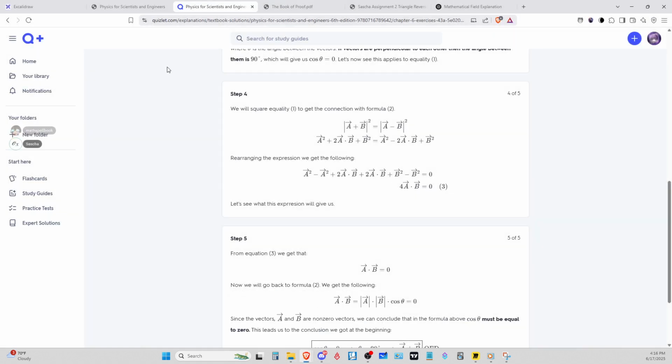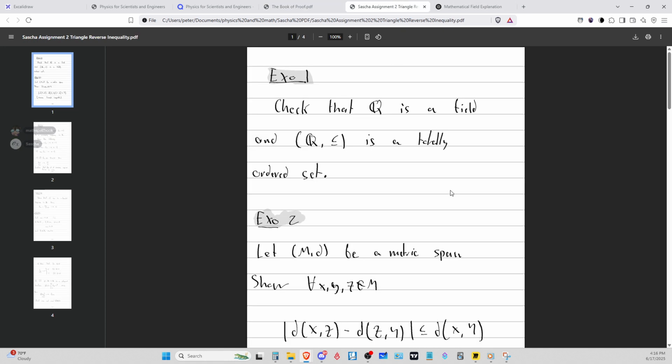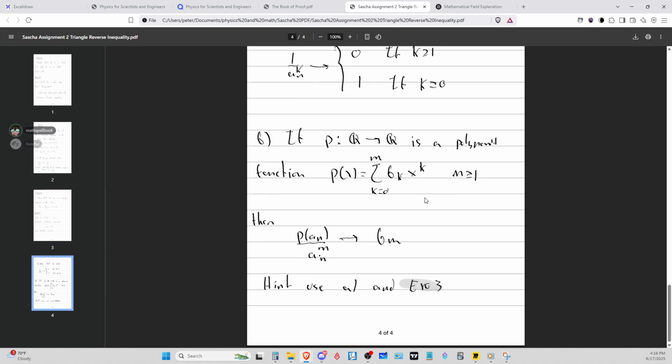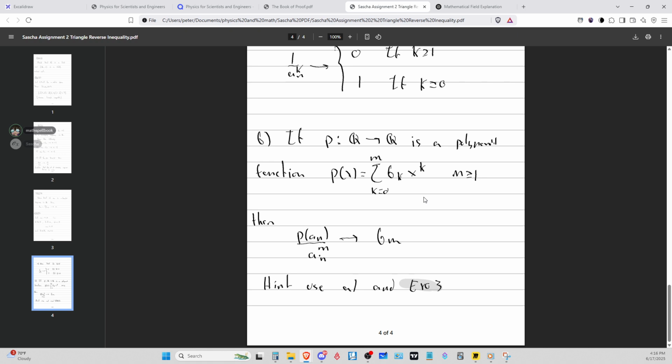But yeah, I was thinking about the sheet 2 I gave you. What was the problem I put on the sheet? Let me take a look, because I only have two sheets. So the question where I ask you to show that Q is a field, that's kind of an annoying question because it can have a very complicated answer. I think the last exercise on the sheet is exercise 6, or no, exercise 5B, and that's basically if P is a function from Q to Q that is a polynomial function.